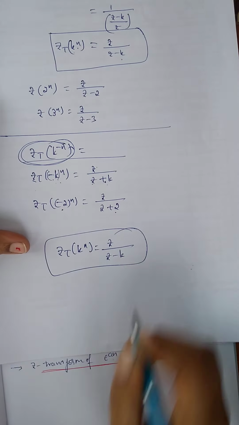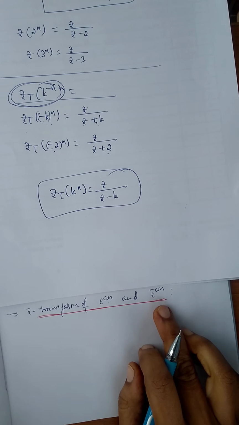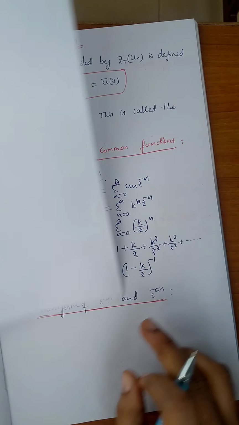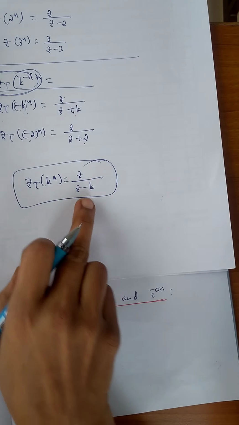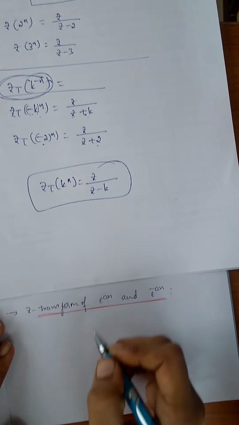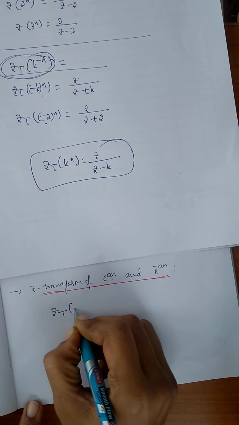So using this formula we can find the z transform of e to the power of n, e to the power of minus n also. Without expanding the summation, just substitute the e to the power of a term in place of k, and we will get the answer.